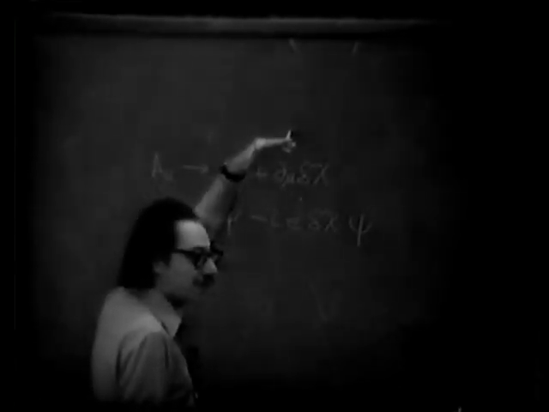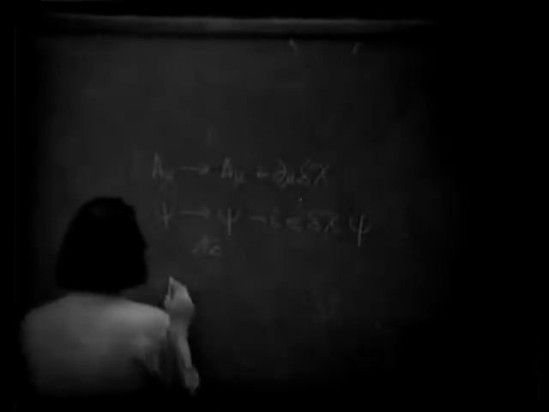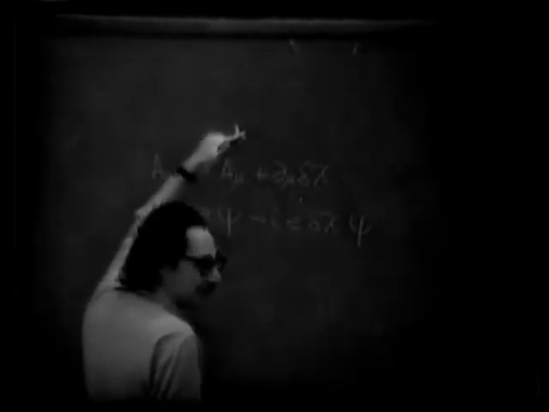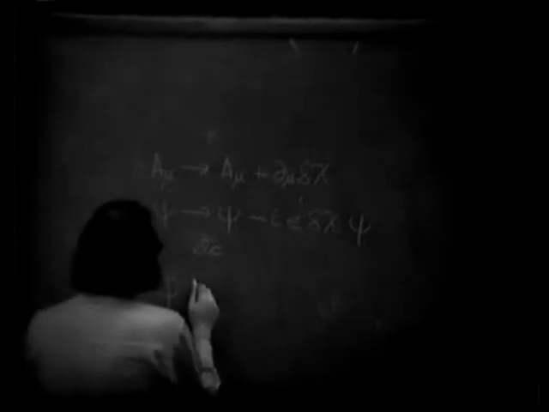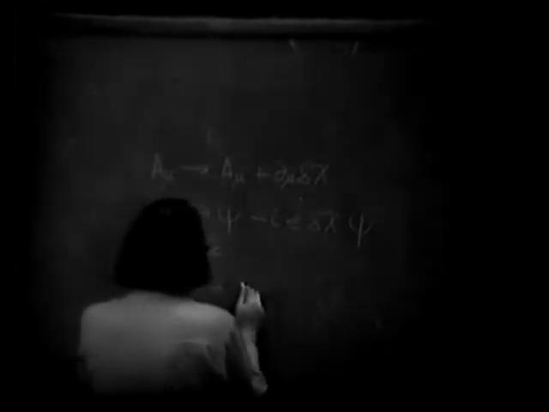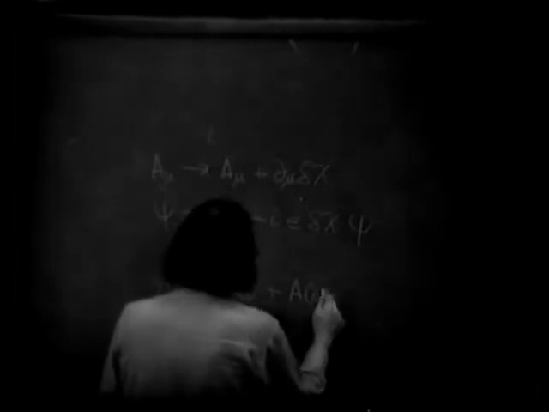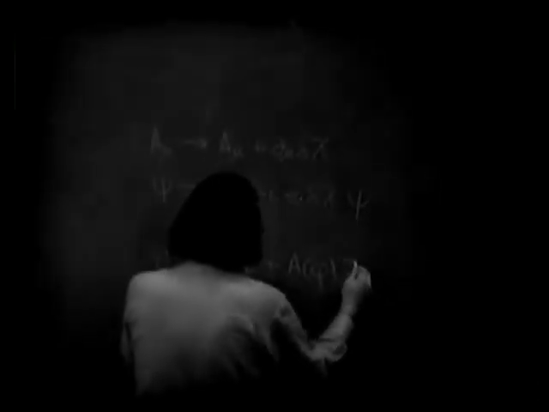I'll write this in the generic form by assembling all of my fields into a big, enormous vector, phi. Bosons, Fermis, stick them all together in a great big column vector, and write this simply as phi goes into phi plus some operator, A of phi, on chi.